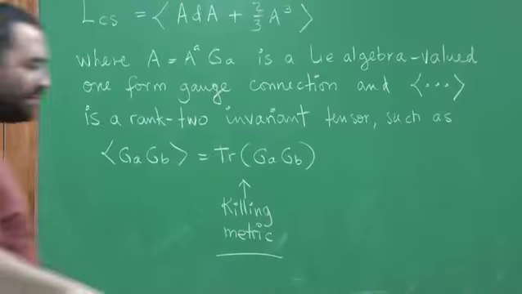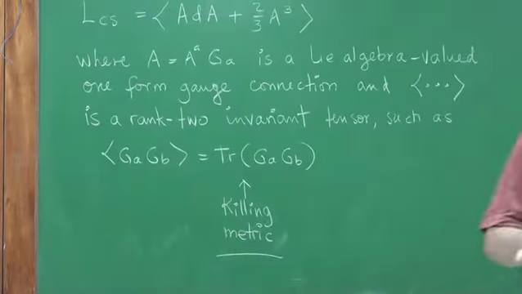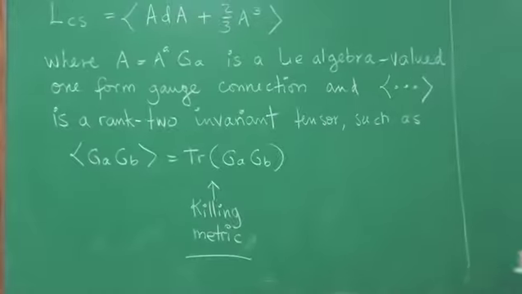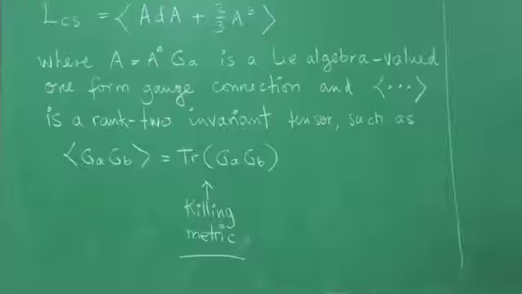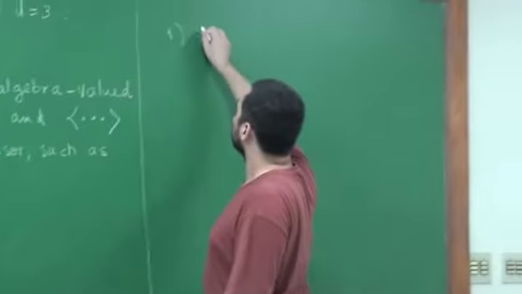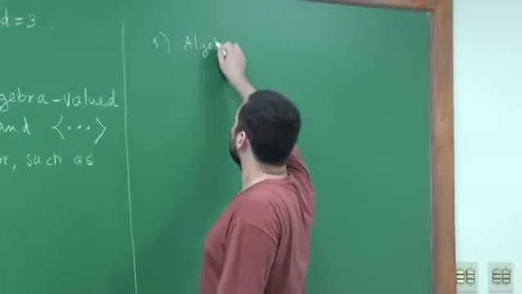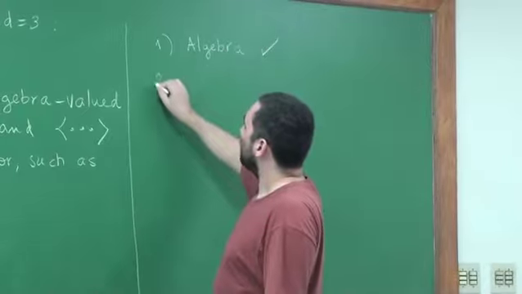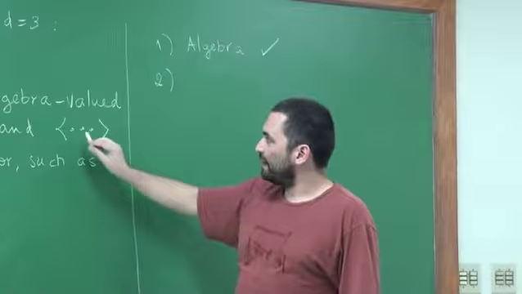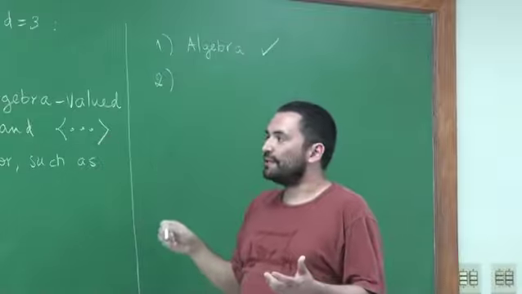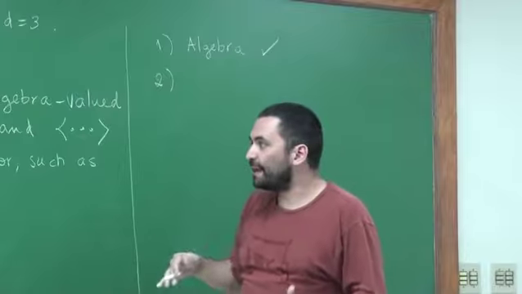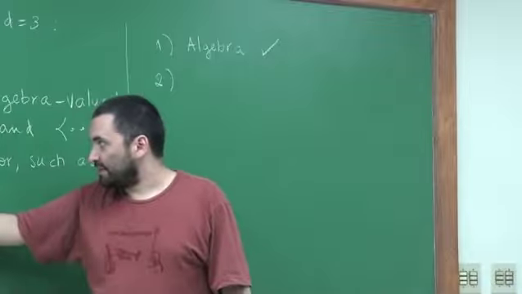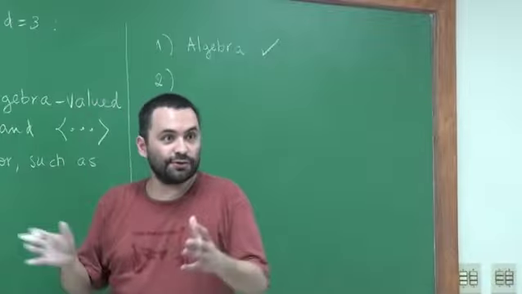It's defined for any gauge theory in 3 dimensions, for any algebra. So if you have an algebra, and you have a bilinear form which is invariant under the algebra, such as the trace of the product of 2 generators.